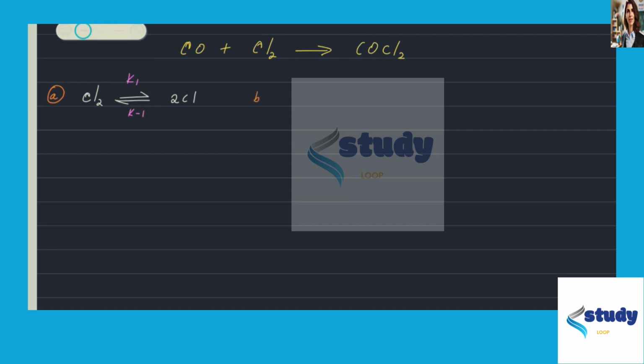Followed by mechanism number 2, where Cl combines with CO, so that we have COCl, right? And remember that we have K2 for that reaction, which means that the reverse reaction will utilize K minus 2, right?